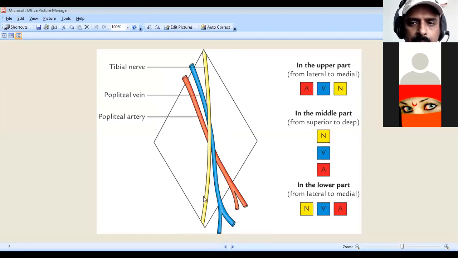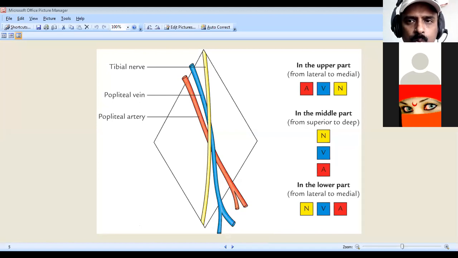In the lower part, from lateral to medial side, we have nerve, vein and artery. So the popliteal artery, popliteal vein and tibial nerve relations you have to remember in the popliteal fossa. This is all about the popliteal fossa and its relations.